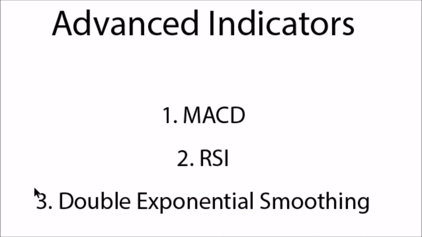Then of course there's a broad family of algorithms which is called double exponential smoothing, and they are generally an extension of the EMA, which is a single exponential smoothing algorithm, and they provide usually better performance because they can model the trending behavior of a price curve better. So these indicators are a little bit more complicated, so I will not explain them in this video.